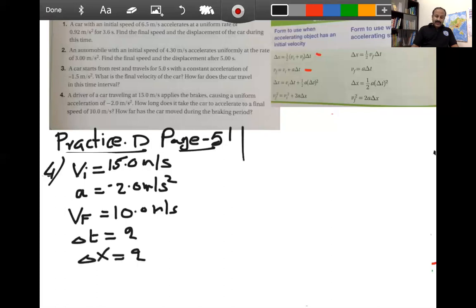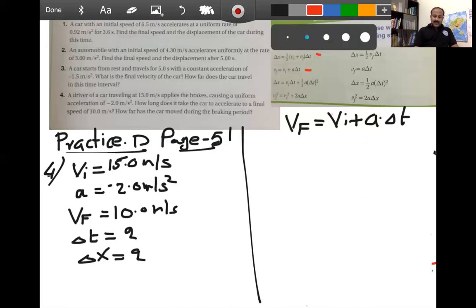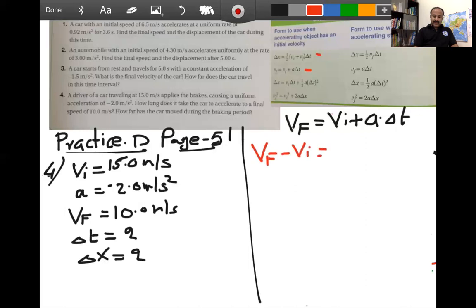So for solving this, which equation are you going to use? The second equation: Vf is equal to Vi plus a delta t. Here, the value you need to find out is delta t. So I'm just going to make a rearrangement. Bring this Vi to the left-hand side. So Vf minus Vi is equal to a delta t.